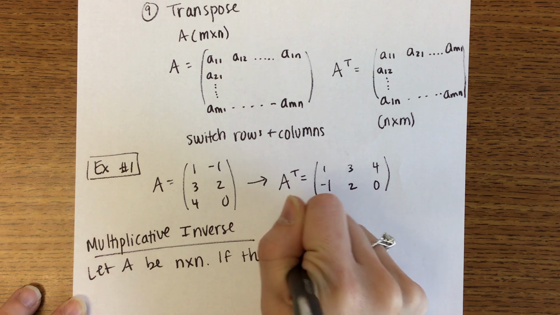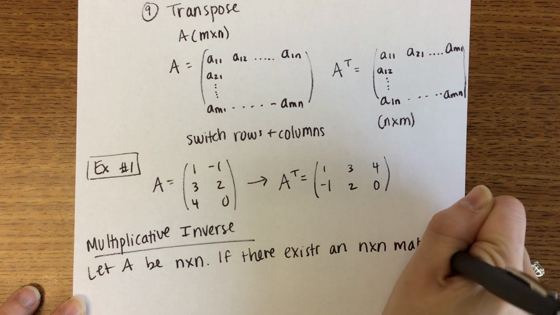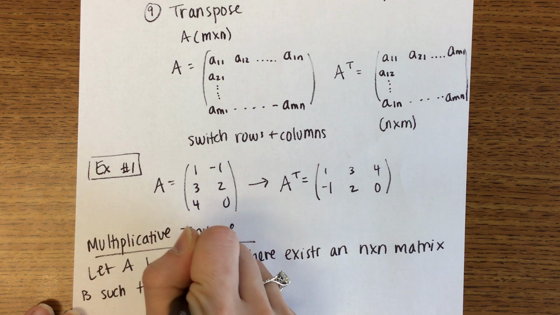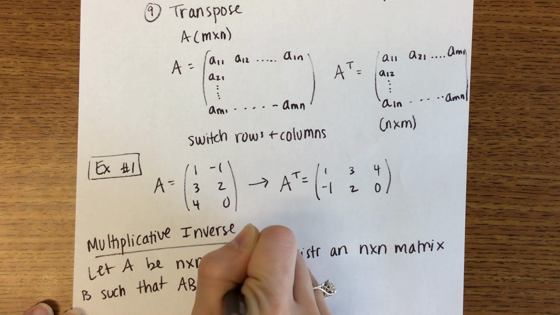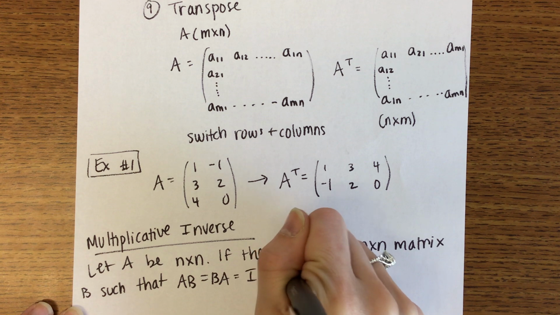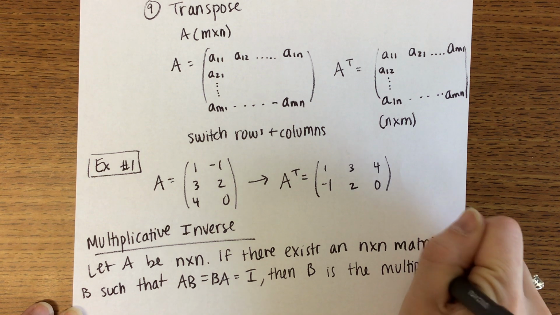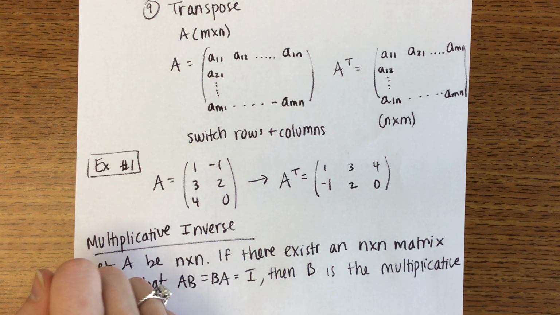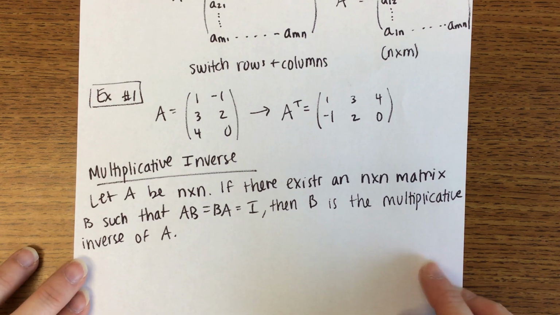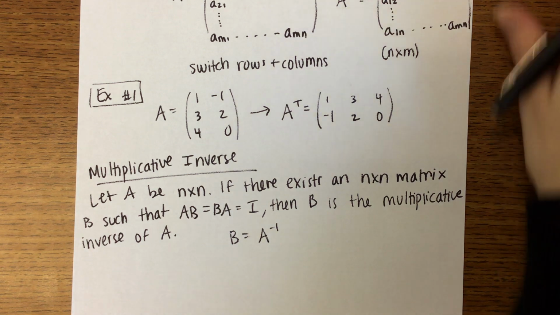If there exists an n by n matrix B such that AB is equal to BA gives us I, the identity matrix, then B is the multiplicative inverse of A. The notation for that is this. So that's the multiplicative inverse.